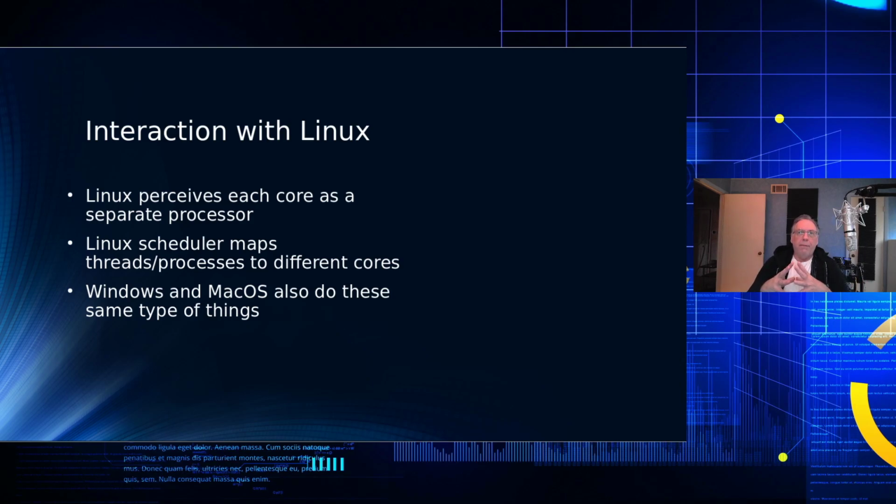And by the way, if you are running the soft threads, or what the BIOS refers to as threads, and say you had a quad core and then you turn hyperthreading on, then you would have 8 cores. Linux perceives that as 8 different machines. Windows and Mac do the same thing. They have similar things, not quite the same, but they do manage the processes in a similar vein.